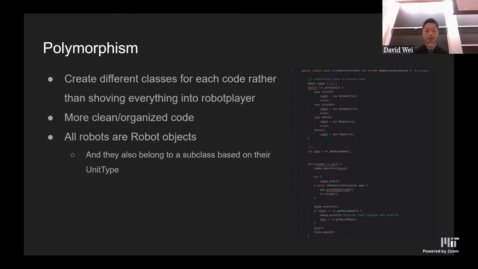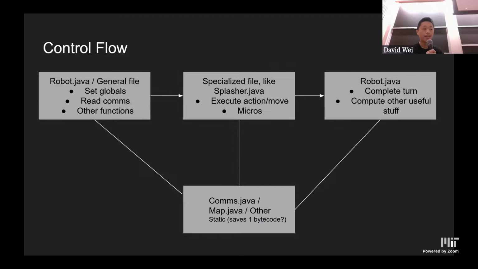Here we have a diagram to show the control flow of what your code might look like. We have the main Robot.java general file where we do things like set globals, read comms, and other functions. Inside Robot.java, we have specialized files for different robots like Splashers, Moppers, and Soldiers. Each one has its own actions and micro strategies you can implement.